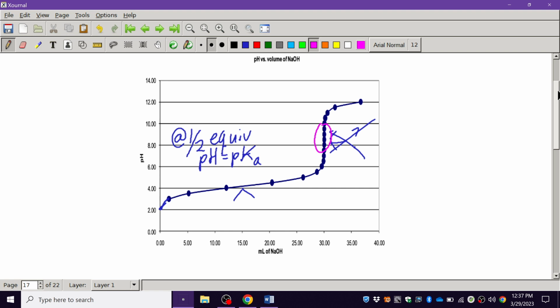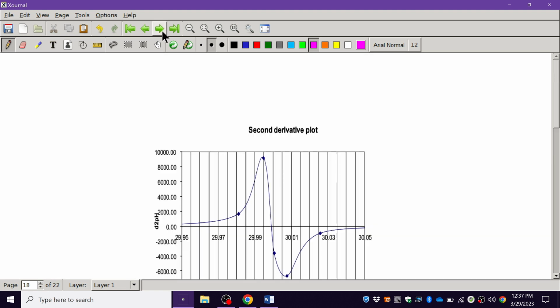In calculus terms, that's referred to as an inflection point. So how do you determine the inflection point? You look for the point where the second derivative of the function equals 0, and that's defined as the inflection point. And again, you can do that with Microsoft Excel.